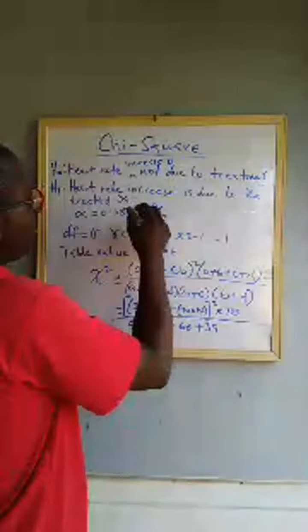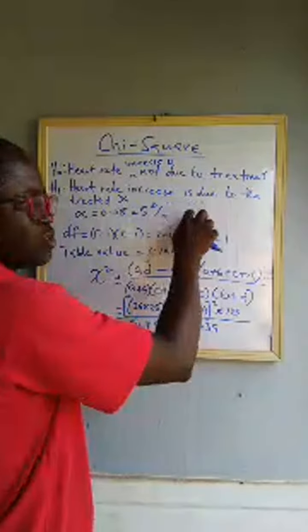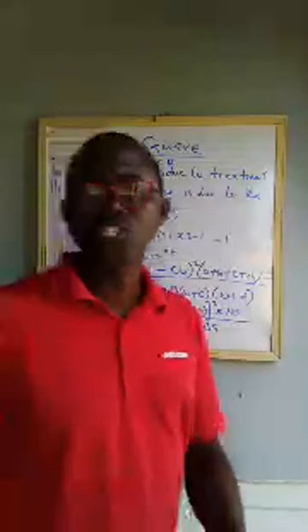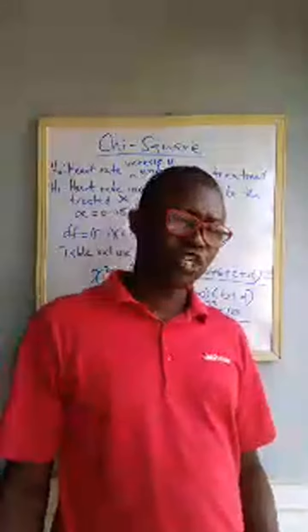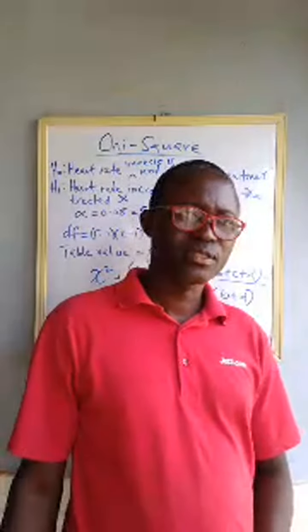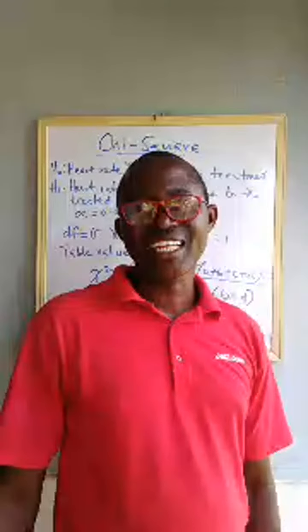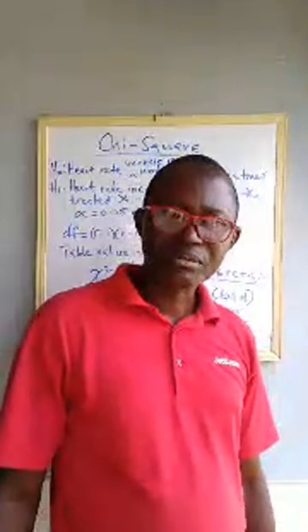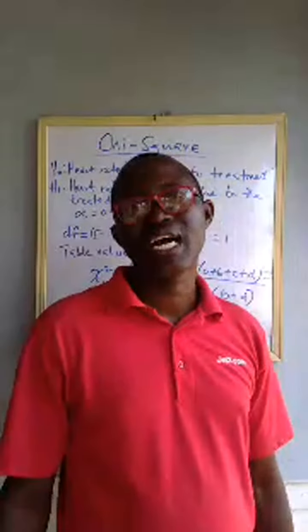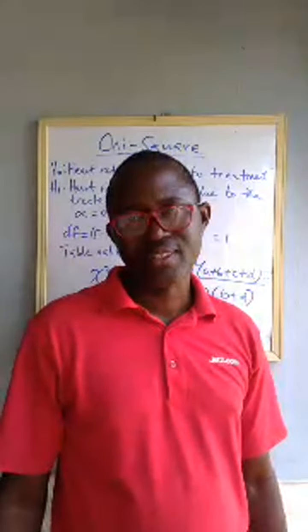That is to say, the heart rate of animals does not increase based on the new medication applied to them. So in essence, we are rejecting the fundamental hypothesis and accepting the null hypothesis.